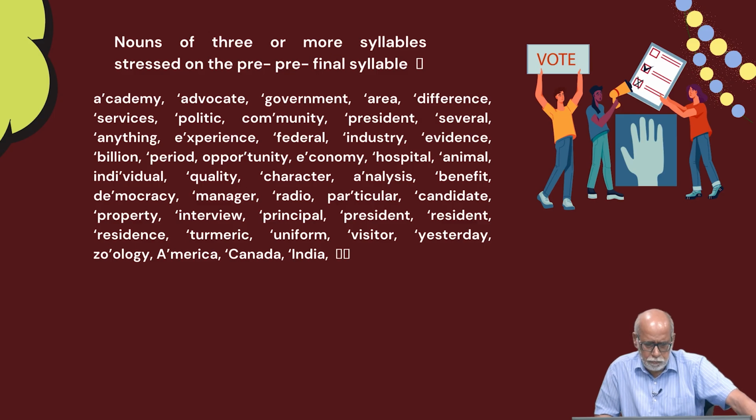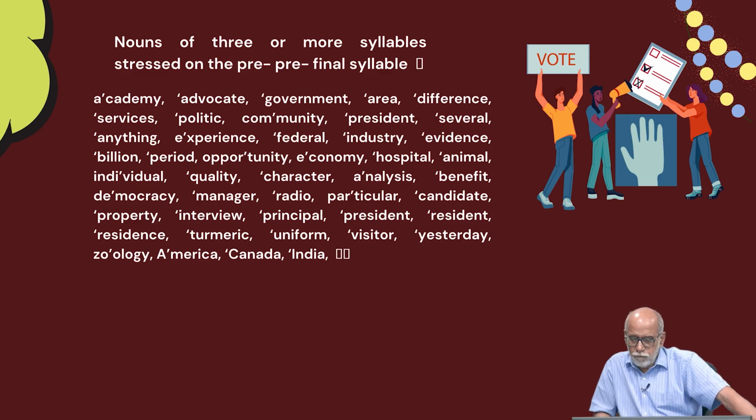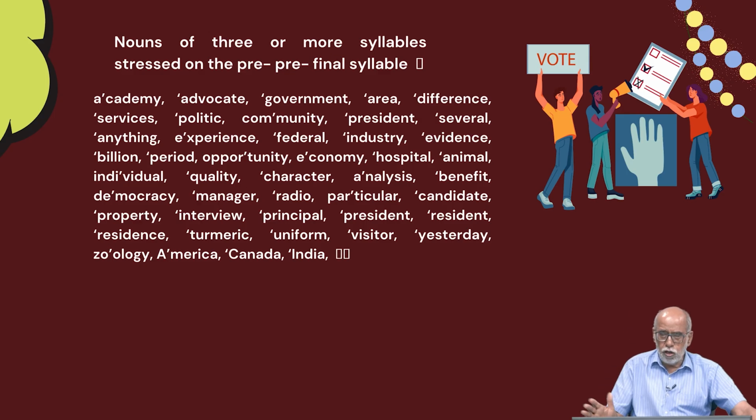Character, analysis, benefit, democracy, manager, radio, particular, candidate, property, interview, principal, president, resident, residence, turmeric, uniform, visitor, yesterday, zoology, America, Canada, India, all of these words, and there are hundreds of other nouns in frequent use.